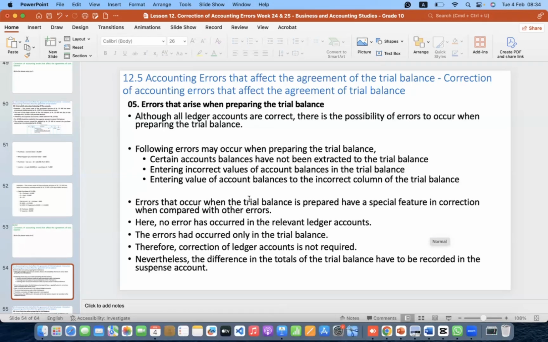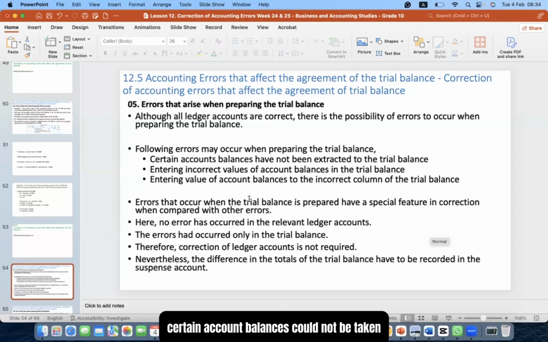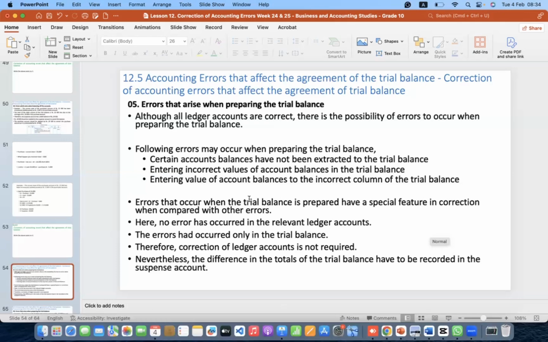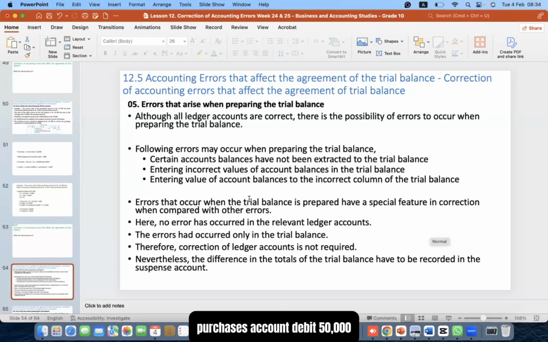For instance, certain account balances might not have been taken, so you have omitted them. Or else, when you are recording, you record an incorrect value. For example, let's say the account balance in the ledger account was purchases account debit 50,000, and you record it as 5,000.